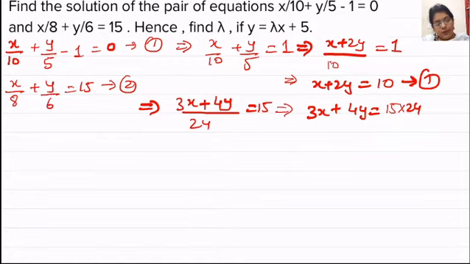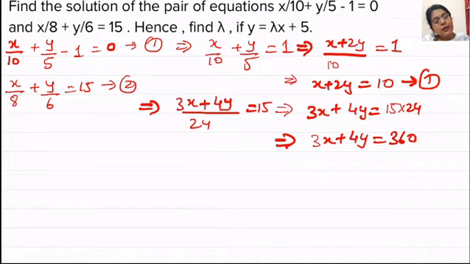What is this? 15 into 24 is 360. So what do we get? 3x plus 4y is equal to 360. These are the two equations that we got.